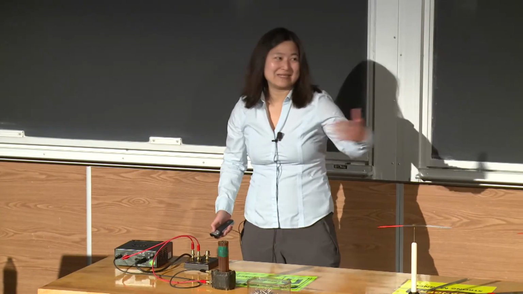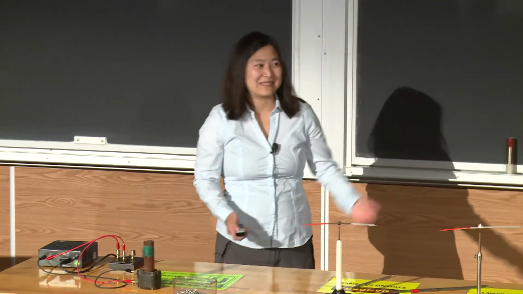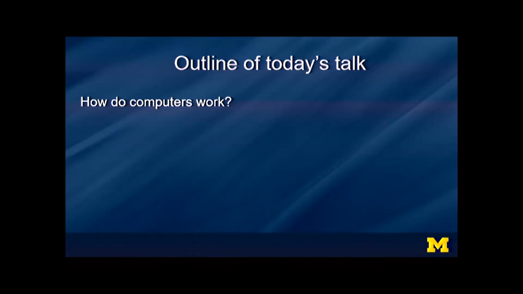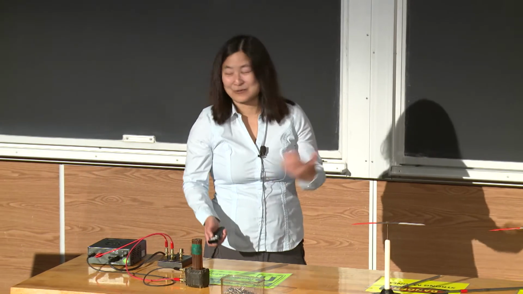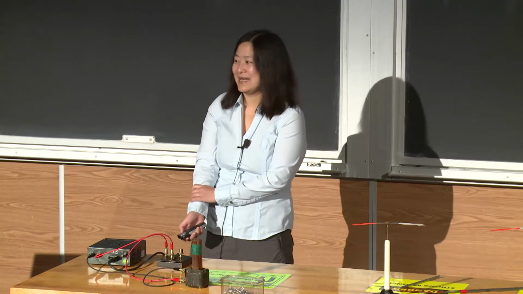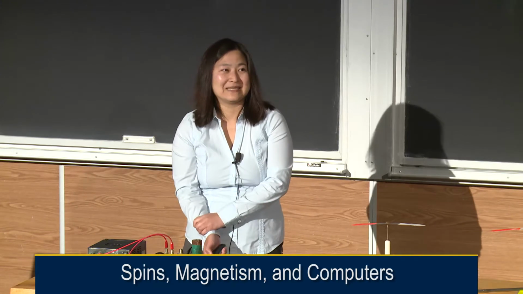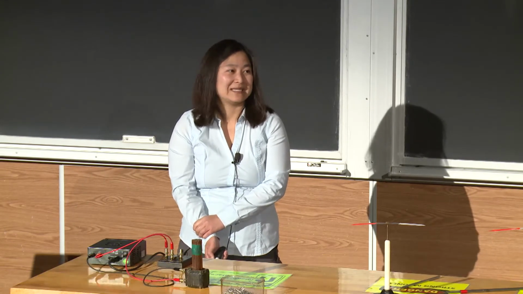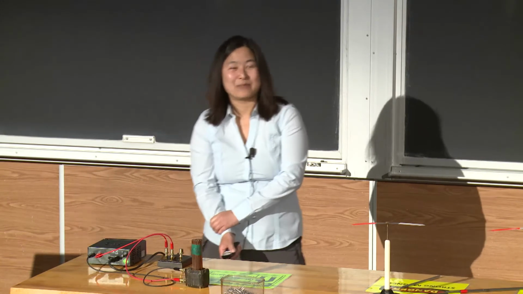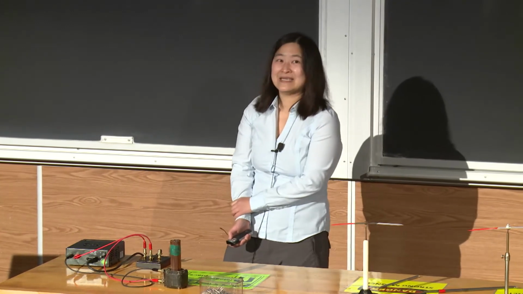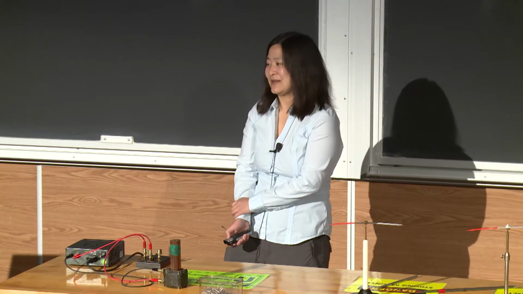So I would like to first start with an outline of today's talk so that you know what I will talk about. I'm going to first start off with a very brief introduction about how computers work, and then I will quickly talk about what is spin, and what role that plays in magnetism, and how spin and magnetism contribute to today's technology, and then briefly talk about how spin and magnetism could contribute to future technology as well.